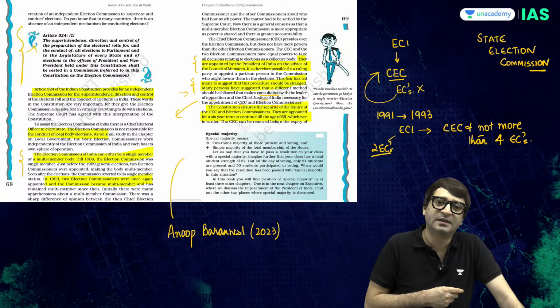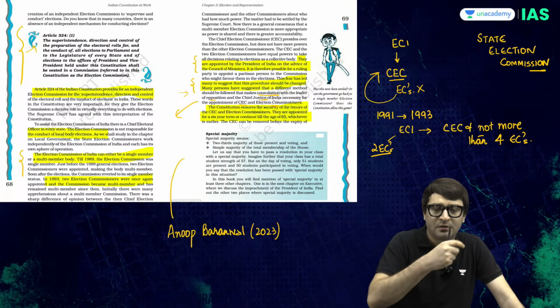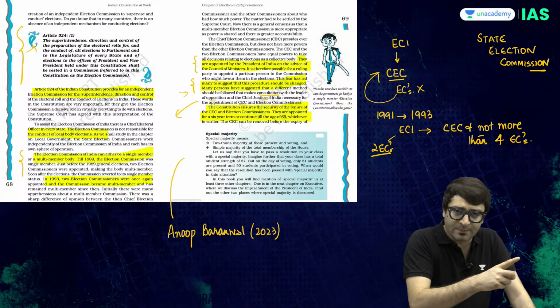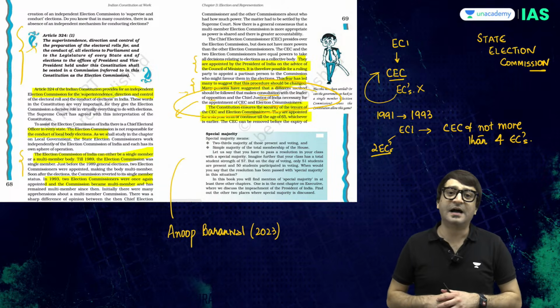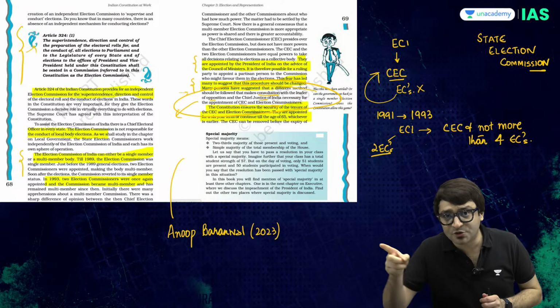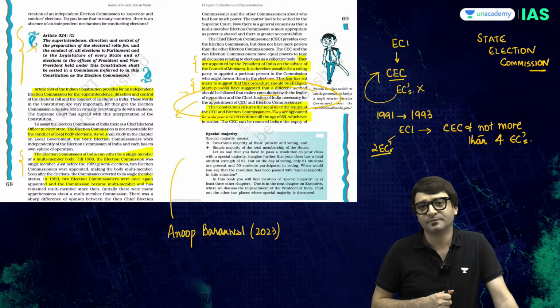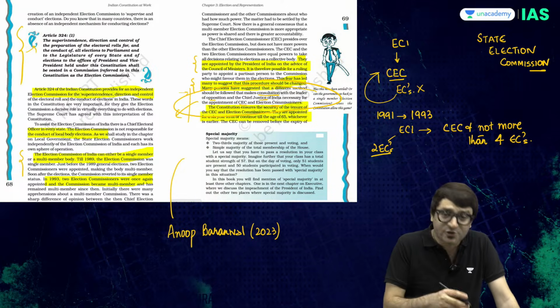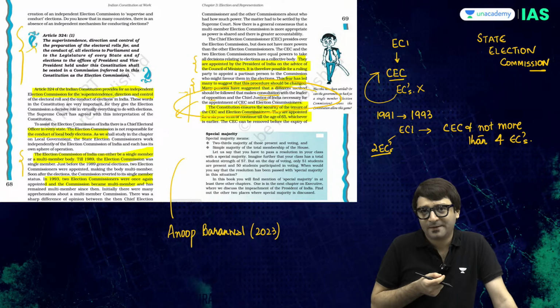Supreme Court said, till the time Parliament enacts a law, the Election Commissioner and Chief Election Commissioner should be appointed by the President after consultation with the Prime Minister, the Leader of the Opposition in the Lok Sabha and the Chief Justice of India. Which means the suggestion of the NCERT was accepted by the Supreme Court.